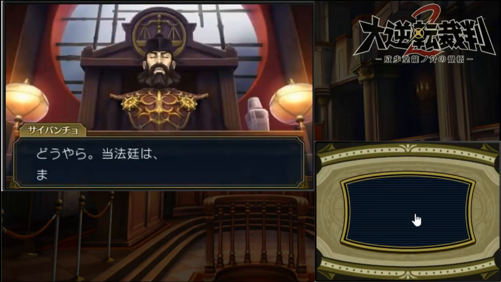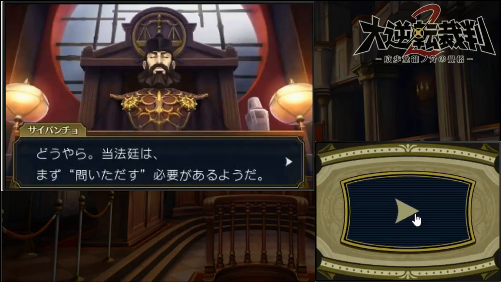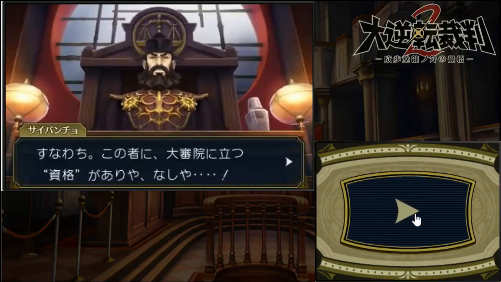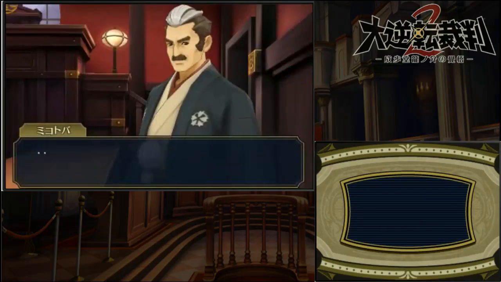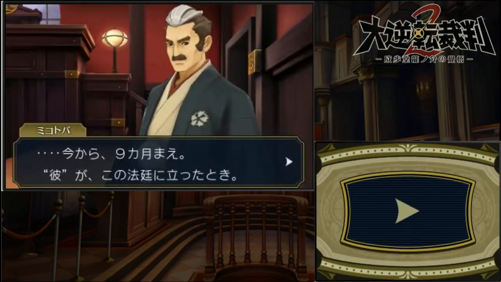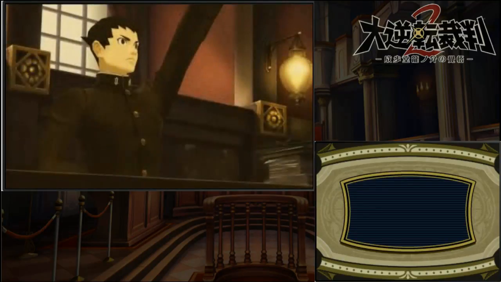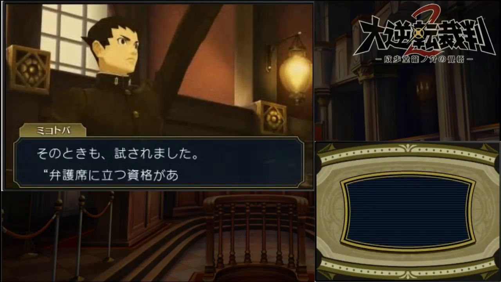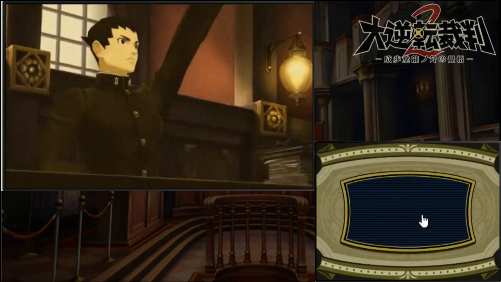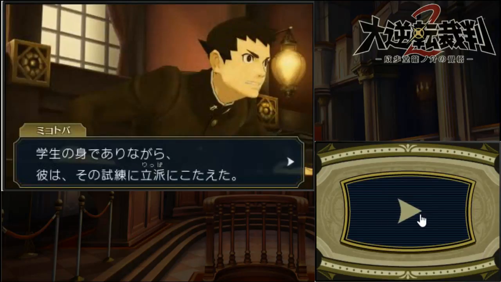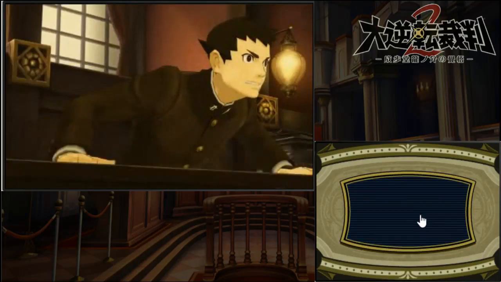I don't know, Naruhodo managed just fine. It seems an interrogation is in order. A test to see if this person is qualified to stand within this courtroom. 9 months ago, he stood in this court, in this very same court, just as you are now. Back then, he too was tested if he had the right to stand in court as an attorney. Despite being a student, he spectacularly overcame the trial.